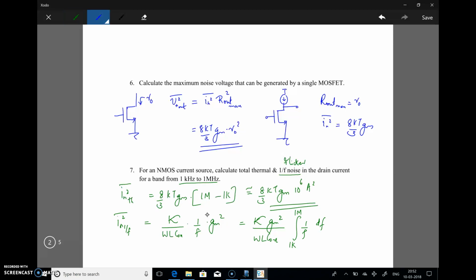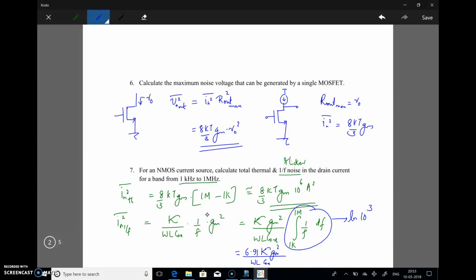If you do this integration, you will get ln of 10 cube, and your final answer as 6.91 times K Gm square by WL into Cox.